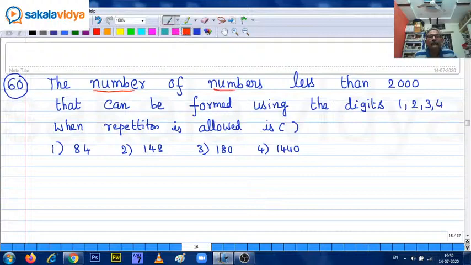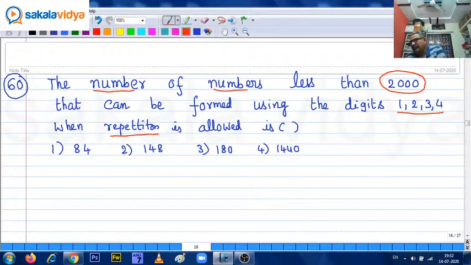The number of numbers less than 2000 that can be formed using the digits 1, 2, 3, 4, when repetition is allowed. Less than 2000 means we have 4-digit numbers, 3-digit numbers, 2-digit numbers and 1-digit numbers.